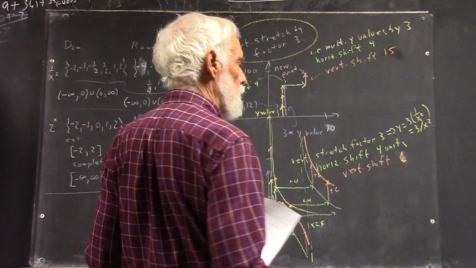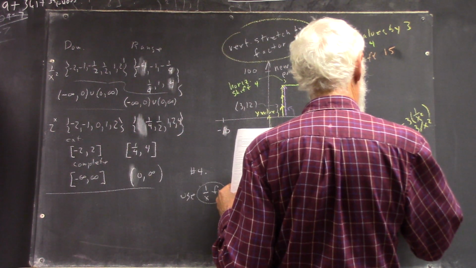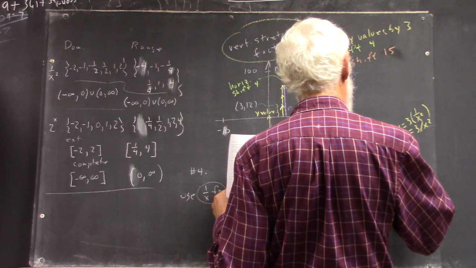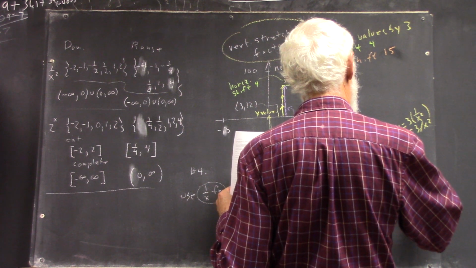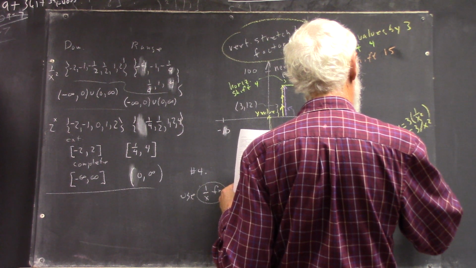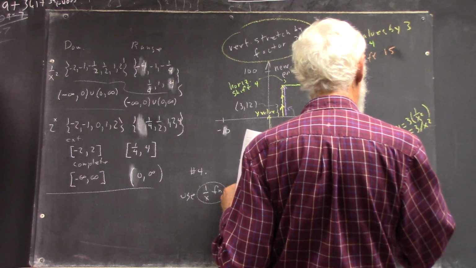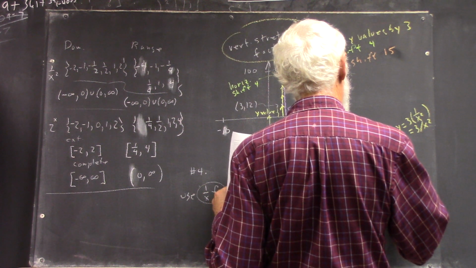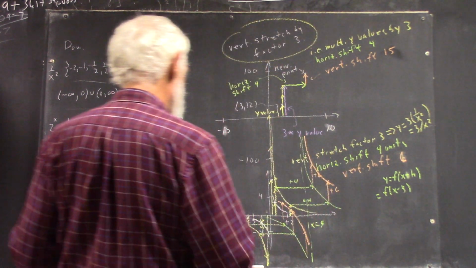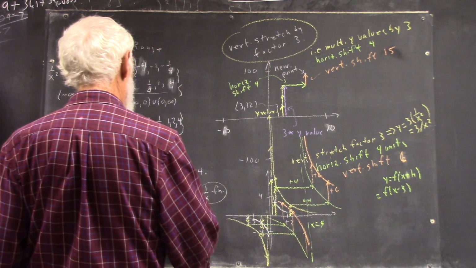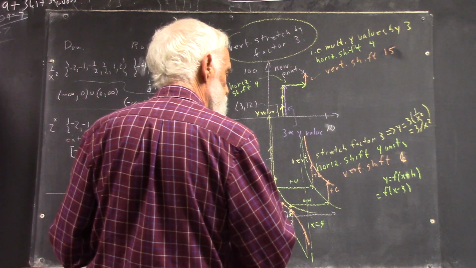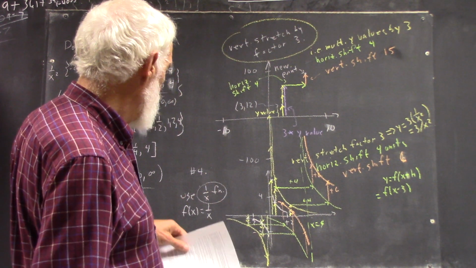You shift horizontally 4 units to the right. Well, that gives you f of x minus h, which is f of x minus 3, meaning in the f of x, of course, implicitly, f of x is 1 over x, then f of x minus 3 is 1 over x minus 3, right?